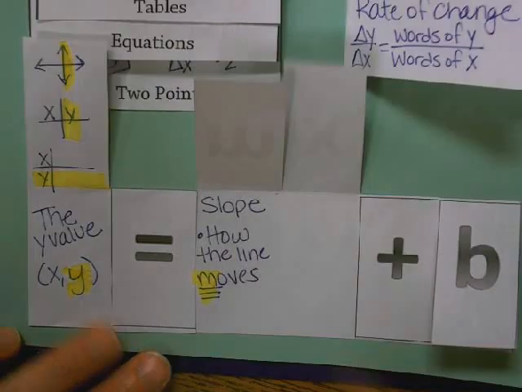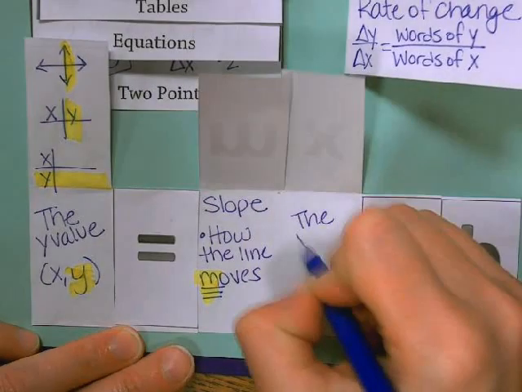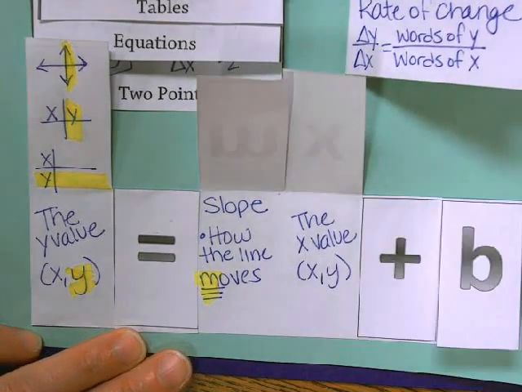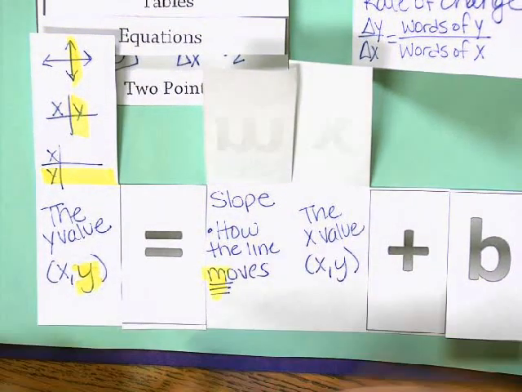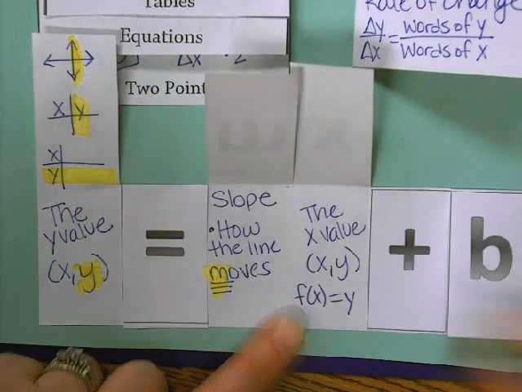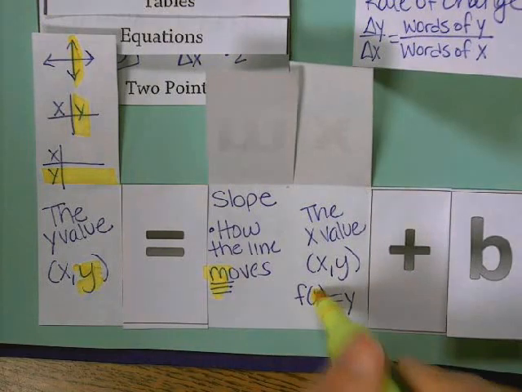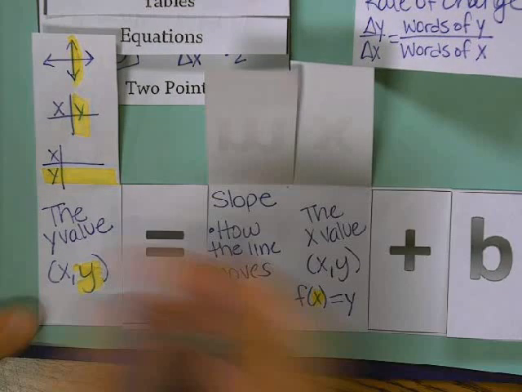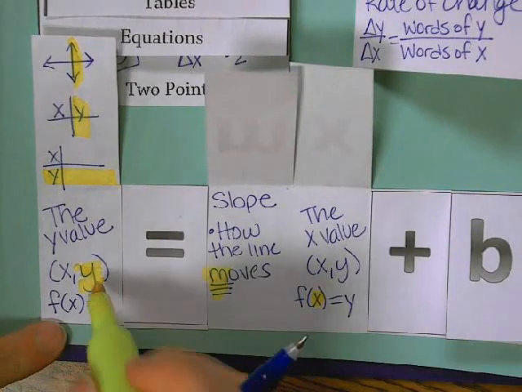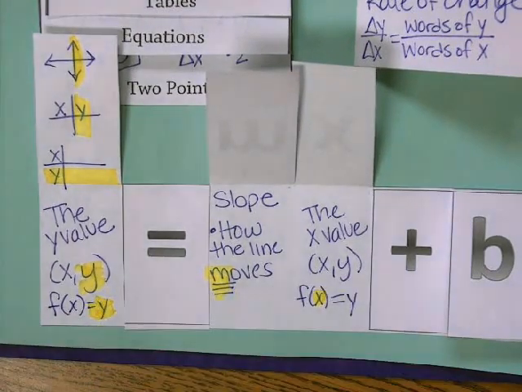X. X stands for the x value. So if I have an ordered pair, oh, I need to put it in function form too, or function notation. So x is going to be right here, and over here, if we had f of x equals y, there's where y shows up.